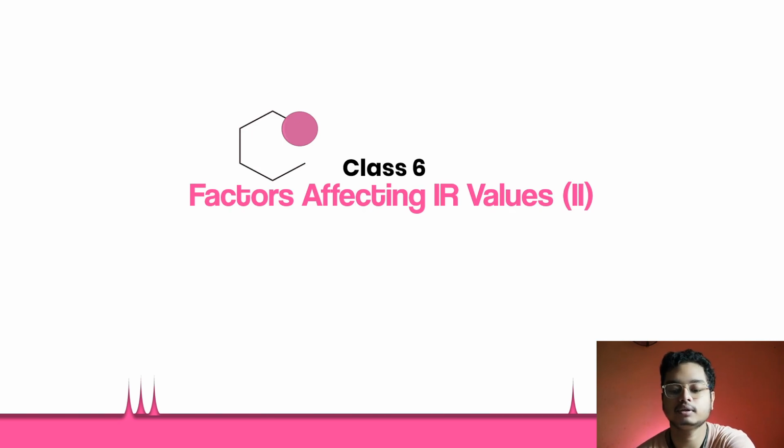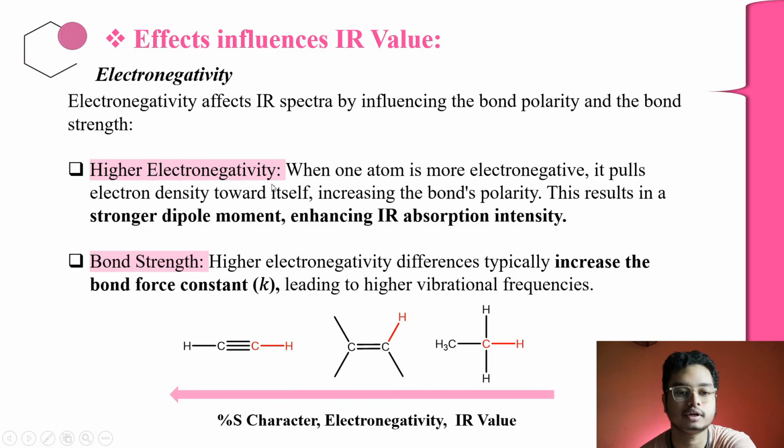In this video we're talking about the different factors affecting the IR values. First we are talking about electronegativity. Electronegativity affects the IR spectra by influencing the bond polarity and the bond strength.